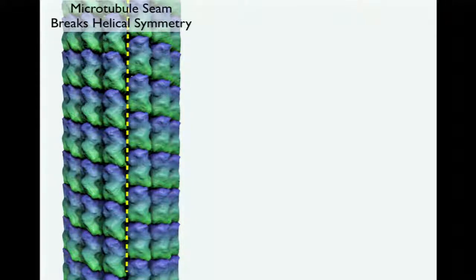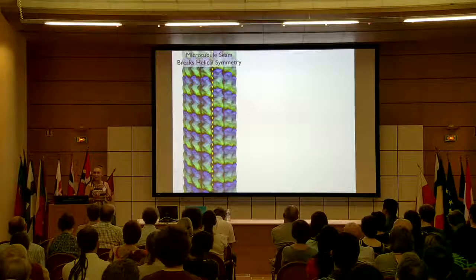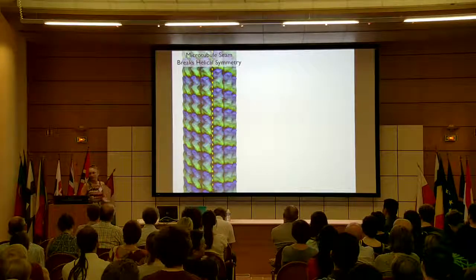And now beta interacts with alpha and alpha with beta. And that means that if I have a piece of an image of a microtubule and I want to align it to another piece from another micrograph, I have to align the seam, because otherwise I'm going to be mixing alpha and beta tubulin. And I want to describe the microtubule in great detail. I cannot be averaging those two proteins.